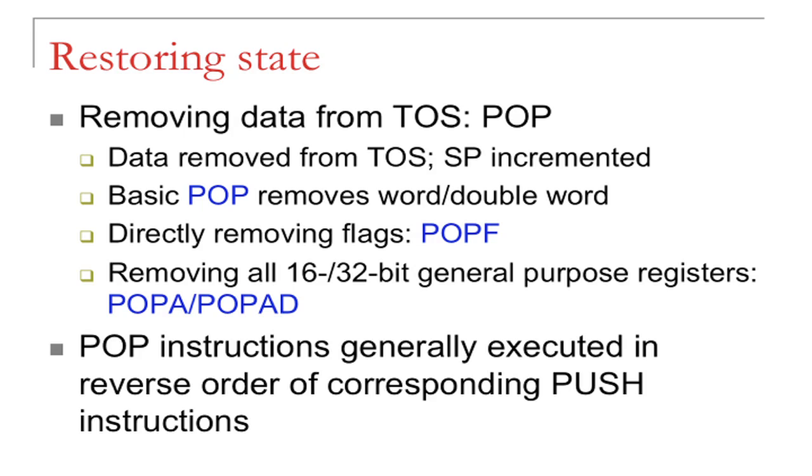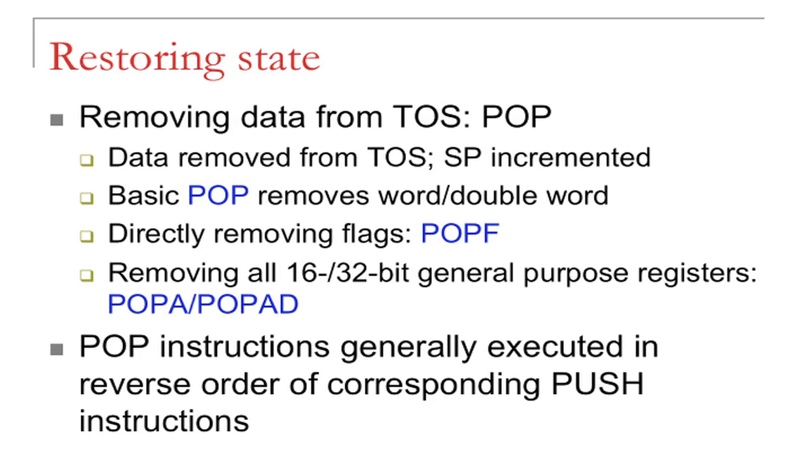You can use pop F to restore the flags register, and you can use pop A and pop AD to restore all the general purpose registers. Now this point is very important. Pop instructions are generally executed in reverse order of corresponding push instructions, simply because the way we operate the stack, we always operate at the top.